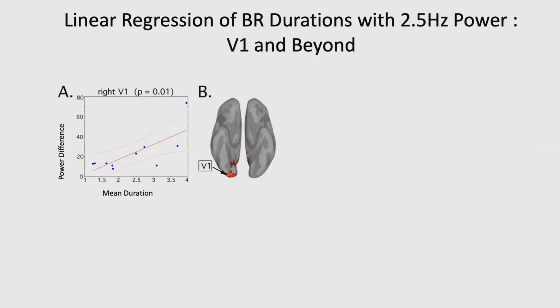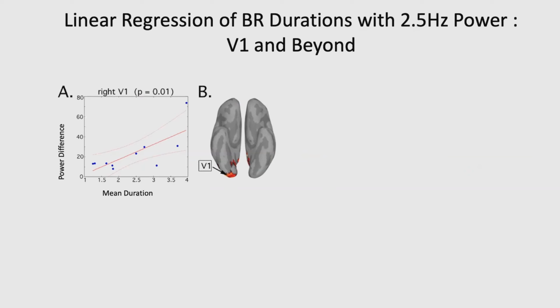But finally, following up on this idea of binocular rivalry rate as a trait-like feature, we wanted to continue to look at the relationship between this intermodulation frequency and rivalry rate.